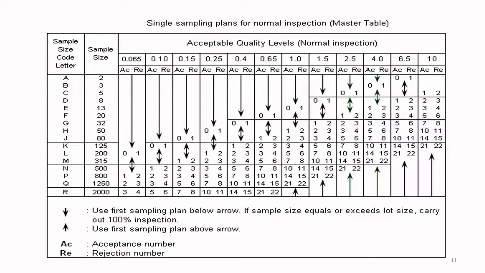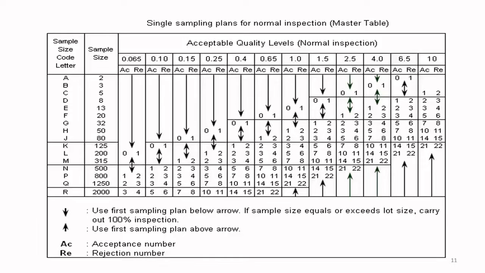Now you have the so-called most important AQL table, the acceptable quality level table. Once you have got the code from the previous slide, you can see what the sample size will be, how many pieces have to be taken out, and after taking out the pieces, the inspection will be done.